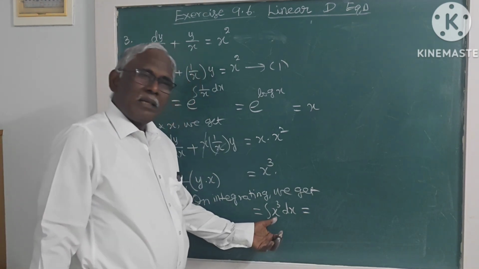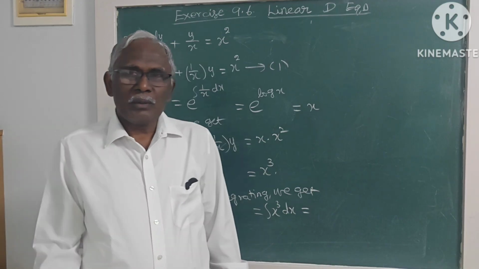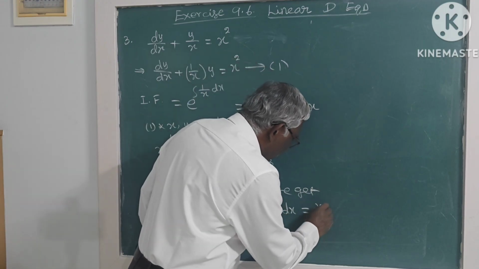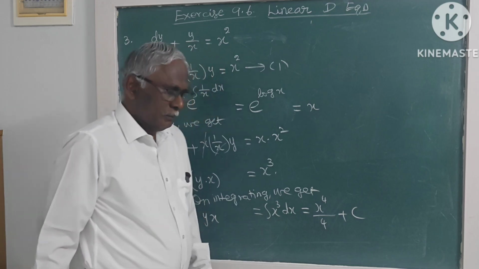This is in the form of integral x power n dx, so x power n plus 1 by n plus 1, x power 3 plus 1 by 3 plus 1, x power 4 by 4 plus constant.